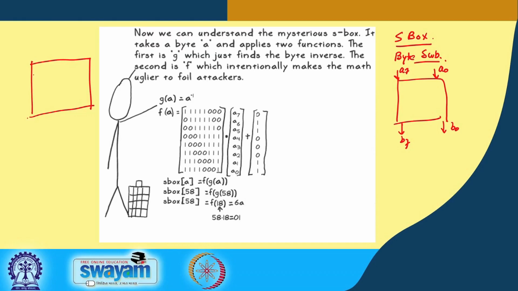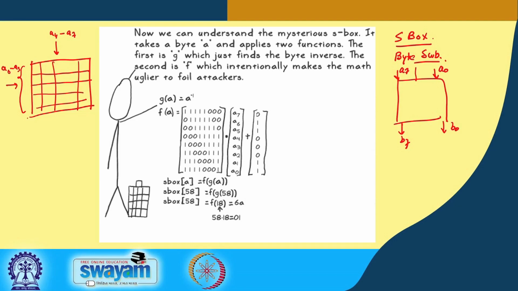So I store this in the form of a table where I have got some rows and some columns. I use the first 4 bits to get the row and the next 4 bits to get the column. That means I use A0 to A3 to index a row and A4 to A7 to index a column.